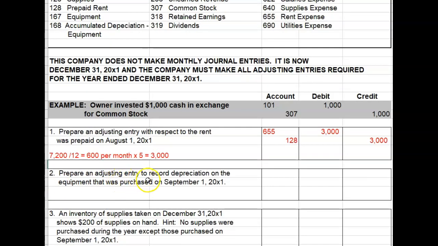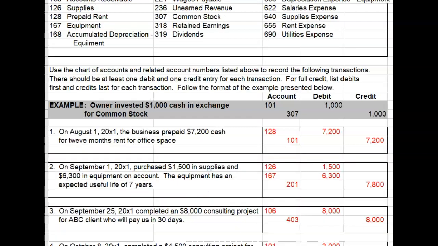Prepare an adjusting entry to record depreciation on the equipment that was purchased on September 1st. Looking at the original transaction, we don't depreciate supplies, so don't even look at supplies. It's the equipment, $6,300 worth of equipment.